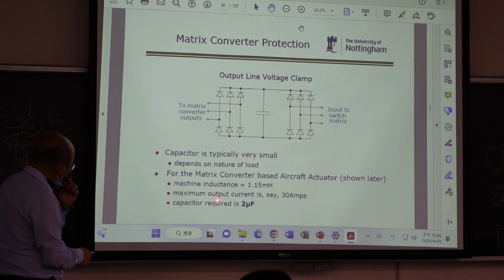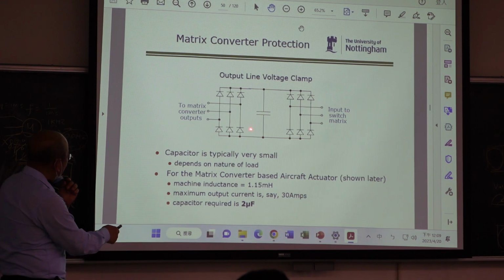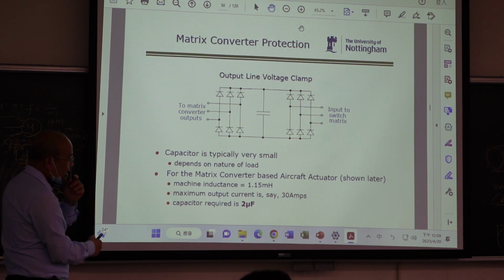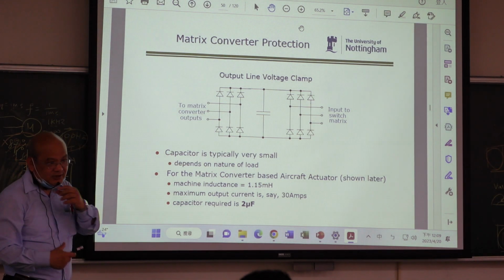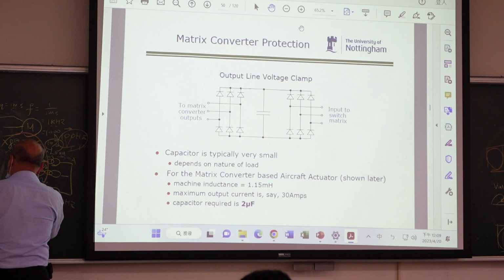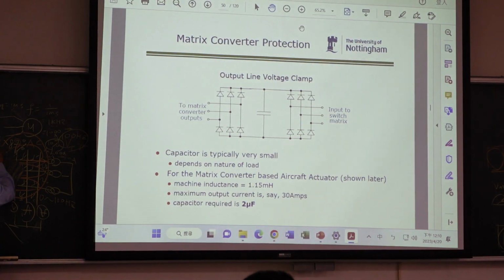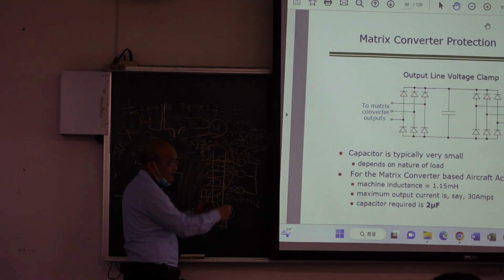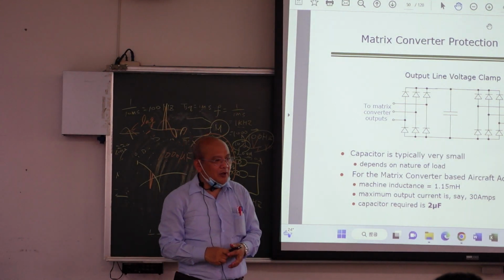The maximum output current is 30 ampere. How about this capacitor? 2 microfarad. Very small. How about a DC link capacitor? 1000 microfarad.